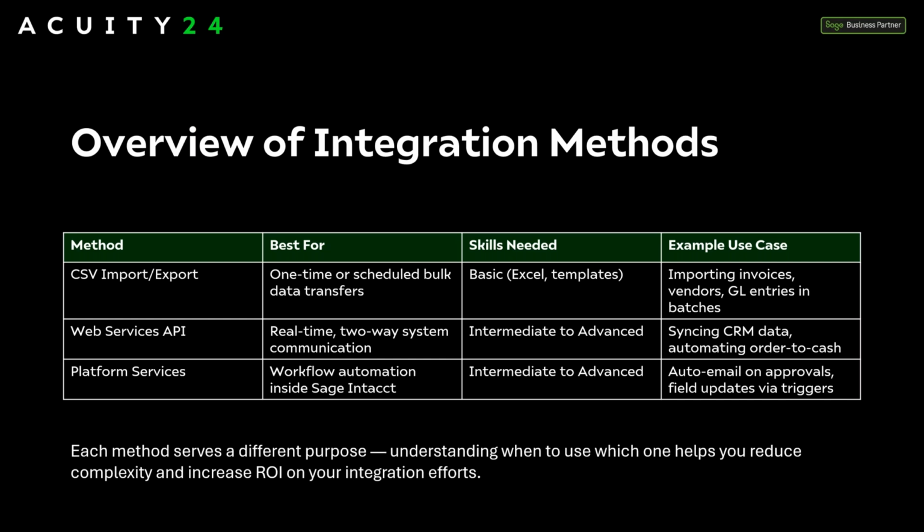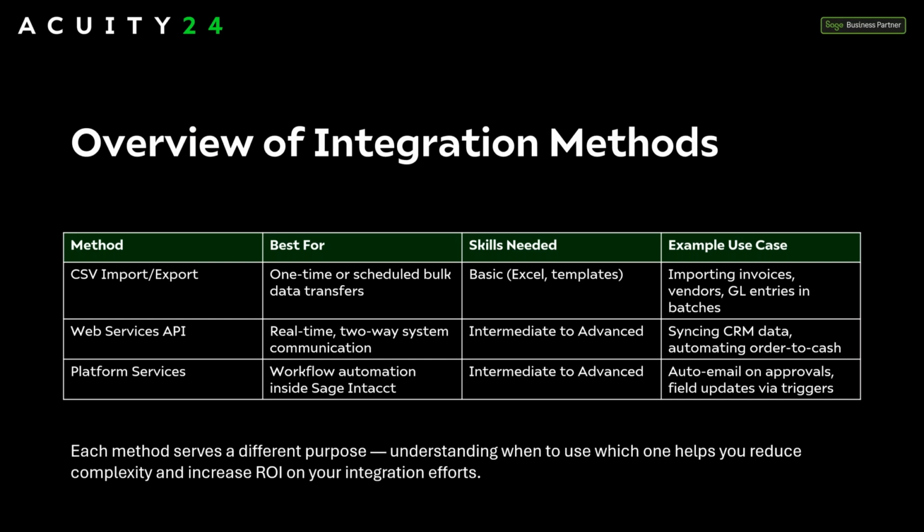An example use case would be importing invoices, vendors, and GL entries in batches. Another method is the Web Services API. It's best used for real-time two-way system communication. The skills needed are intermediate to advanced. An example use case would be syncing CRM data and automating order to cash.